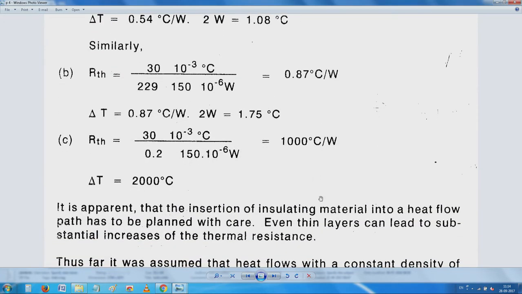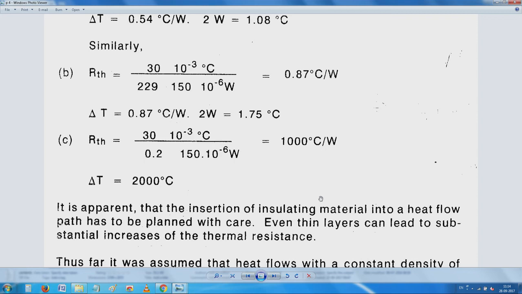The important thing to watch here is that the insertion of an insulating material into a heat flow path has to be planned with care. Even thin layers can lead to substantial increases in thermal resistance.